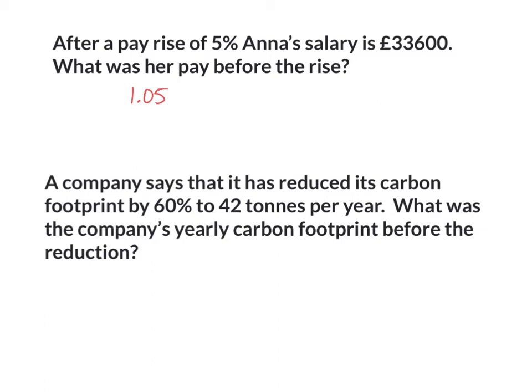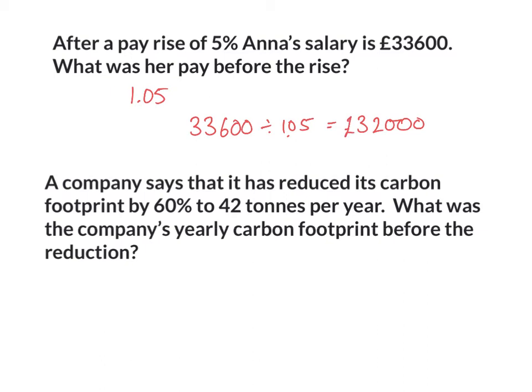However, we're going backwards in time. We want to find out what the pay was before the rise. So instead of multiplying by 1.05, what we can do is say, okay, 33,600, instead of multiplying by the multiplying factor, we're going to divide by it. And again, you can do that on the calculator, and we get £32,000 again.